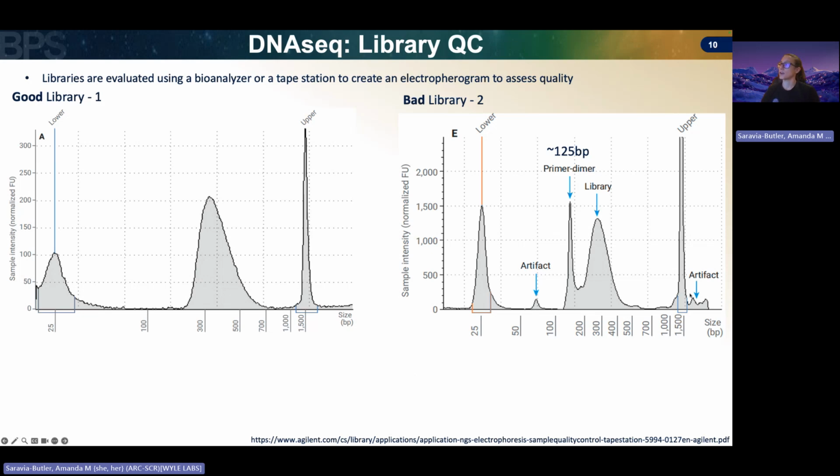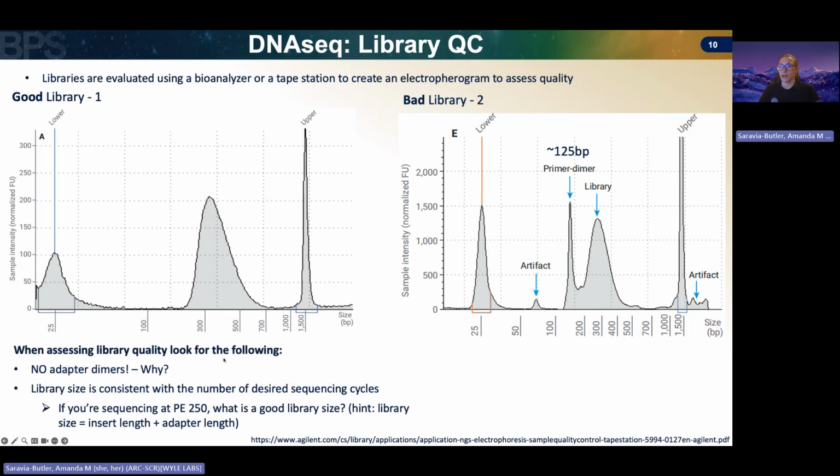We also see an artifact at the very high end that goes beyond our upper range. So this shows us that when we did our filtering steps during library preparation to size select our libraries, we saw some larger pieces of DNA come through, as well as some smaller ones. And we also did not successfully remove primer dimers here. So if you see this, you do not want to sequence this library.